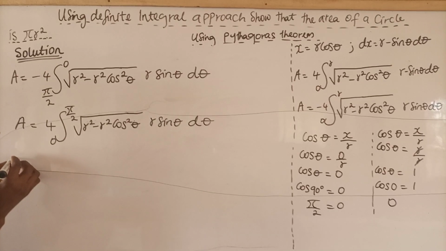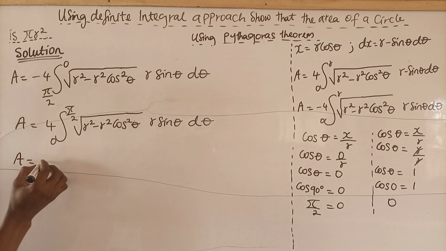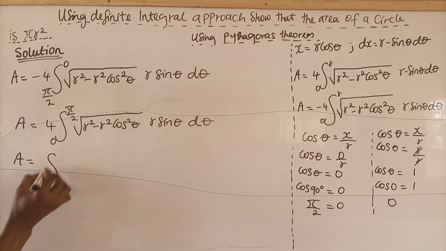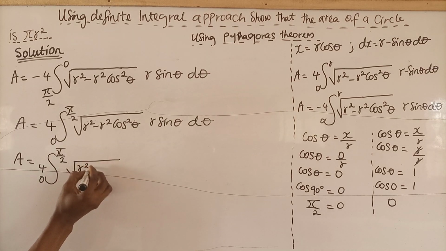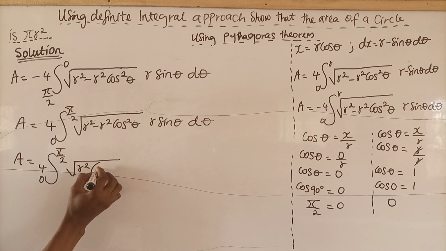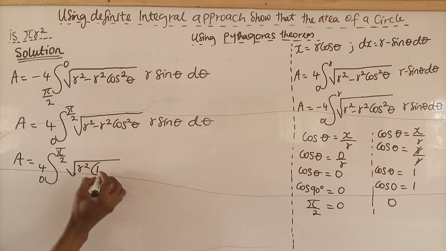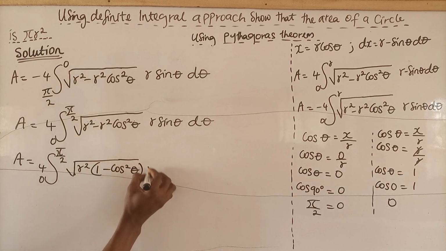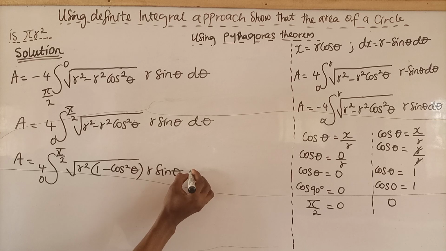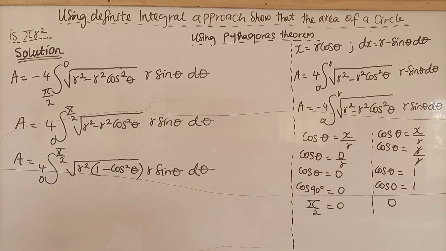So we are going to factorize. Our area is equal to the integral from 0 to pi over 2 square root of, we can factorize r squared as common. R squared, bracket 1 minus cos squared theta, bracket close, times r sine theta d theta.